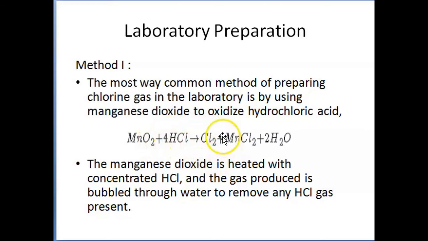This is the chlorine gas which is required. The manganese dioxide is heated with concentrated hydrochloric acid, and the gas which is produced is bubbled through water to remove any HCl gas present, and we get the chlorine gas.